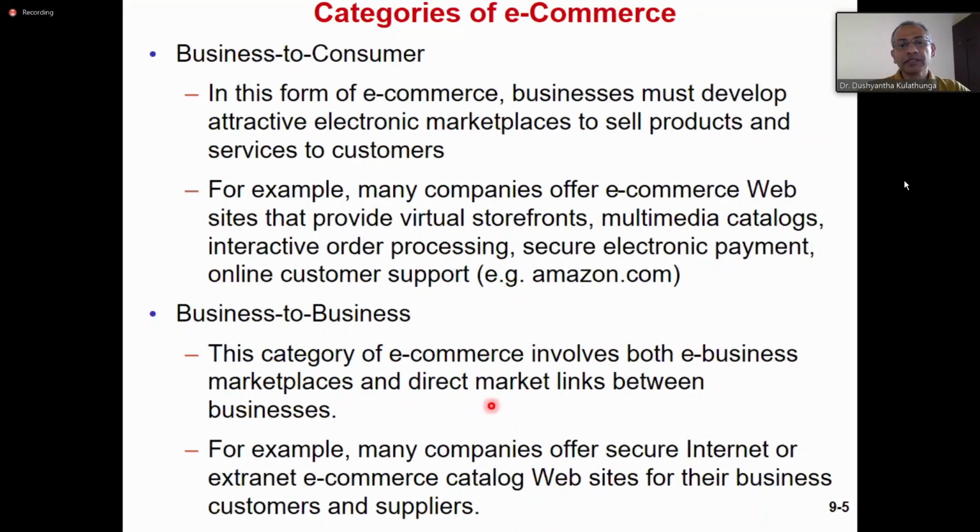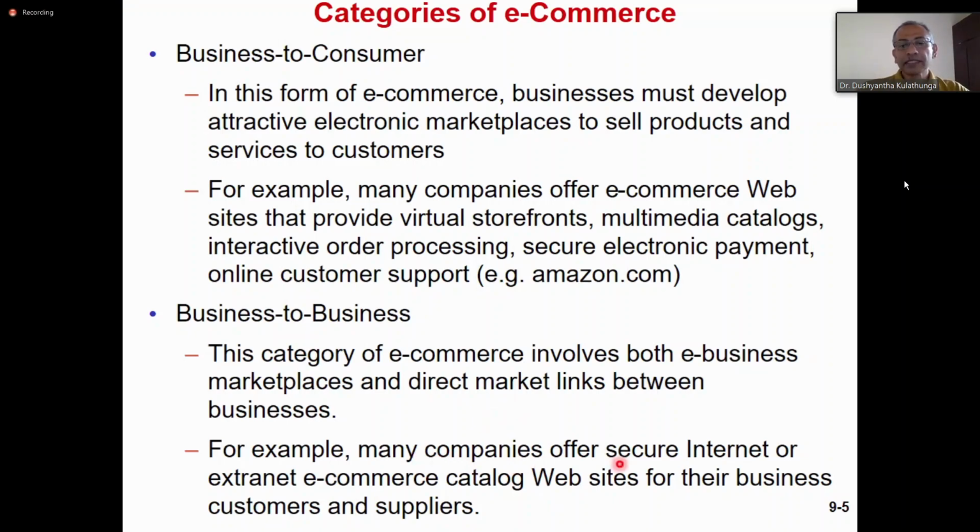Also, there can be direct links between the businesses, enabling them to perform transactions with each other. So two options are available. One is doing a transaction through an electronic marketplace or e-business marketplace. The other is doing direct business transactions between the two businesses.